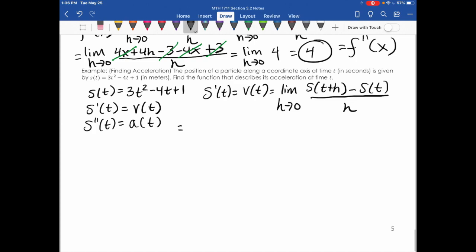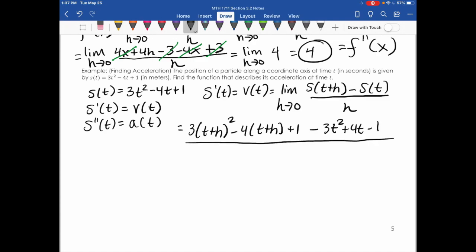So down here, I'm going to plug in t plus h everywhere I see t in my function. So I have 3 times t plus h squared minus 4 times t plus h plus 1. And then I got to subtract the function. So that's minus 3t squared plus 4t because I got a double negative, and then minus 1 all over h.